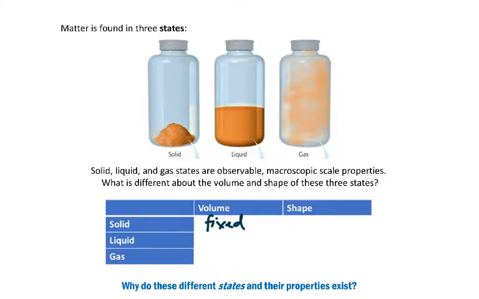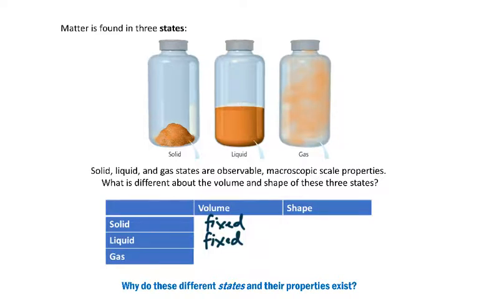What about a liquid? If you have 12 ounces of a liquid in a can and you pour it out into the sink, you still have 12 ounces of liquid. It hasn't changed. It's just maybe shape has changed. We'll see. In a gas, if you have gas in a container and you open the lid, what happens to the volume of the gas?